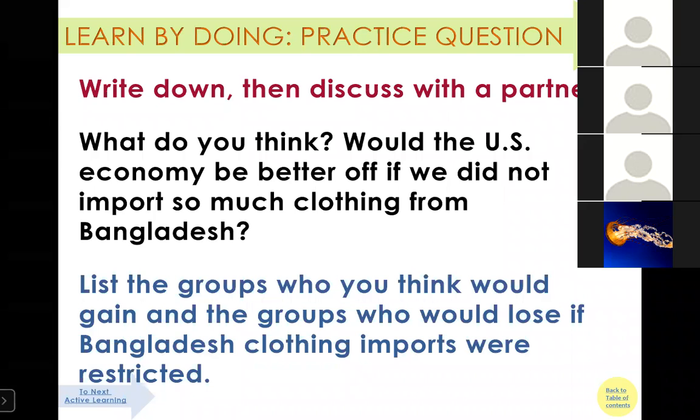Now, we have a discussion. You're supposed to discuss. So what do you think? Would the US economy be better off if we did not import so much clothing from Bangladesh? List the group who you think would gain and the group who would lose if Bangladesh clothing imports were restricted.